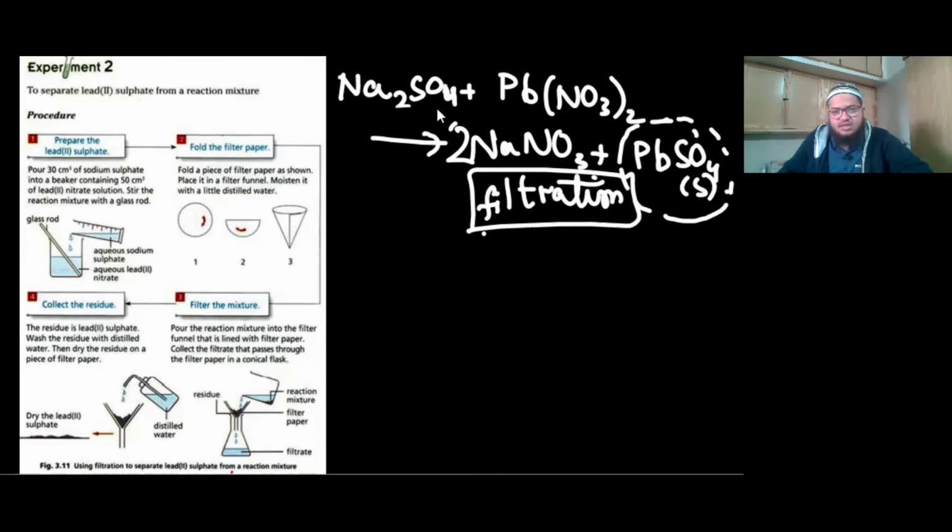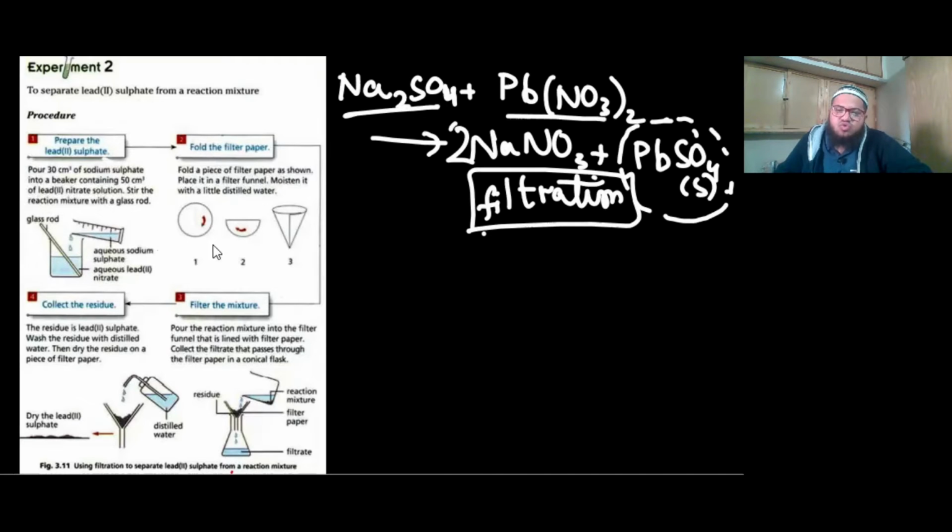By the same technique, they mixed sodium sulfate and lead nitrate, and as a result they got a solution in which lead sulfate was the precipitate. You don't need to think much about the volumes, you just take two solutions and mix them. After mixing you get a solution containing lead sulfate and sodium nitrate solution.